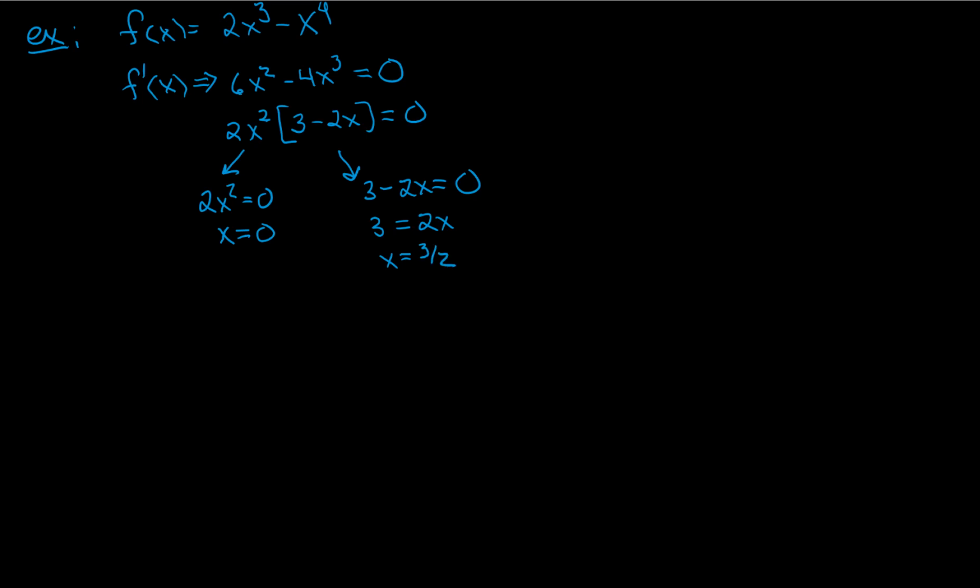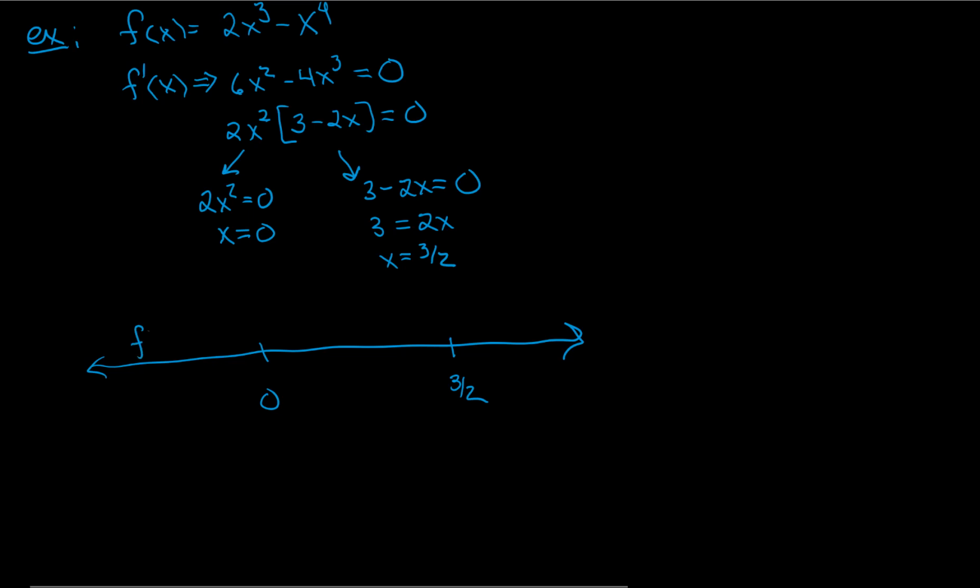Okay, with that, I'm now going to create a number line, and this number line is going to have the values 0 and 3 halves. Remember, 3 halves is 1.5. Just as we did in the previous one, I want to evaluate the derivative in each of the intervals on this number line.